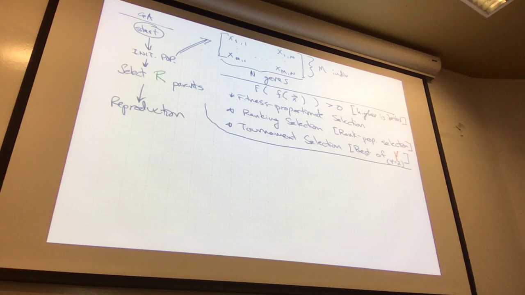And reproduction is going to have these two components, crossover and mutation. You can think of crossover as breeding or blending, interpolation and extrapolation, and you can think of mutation as adding variation.